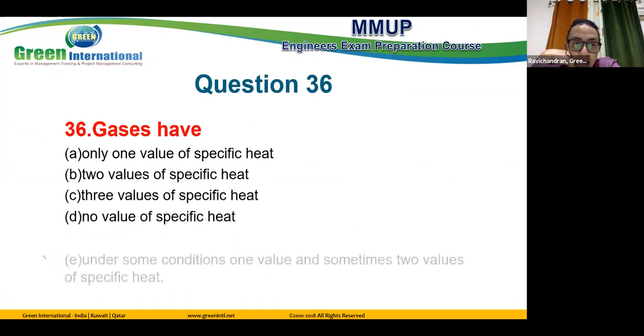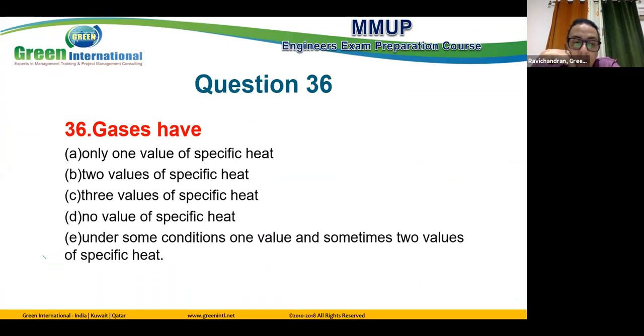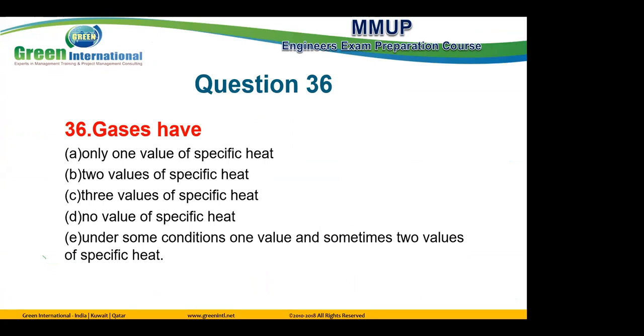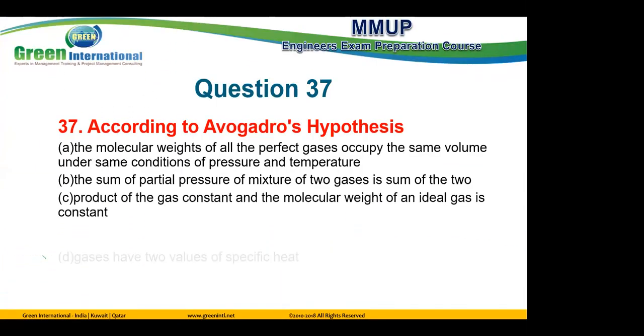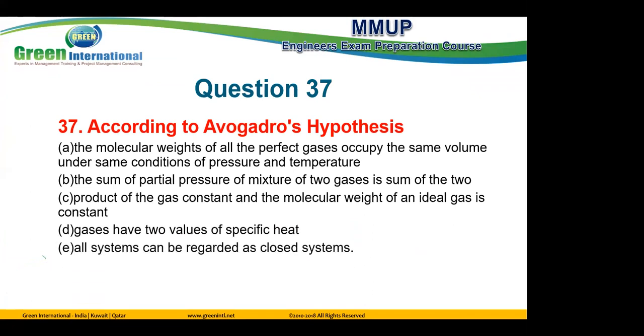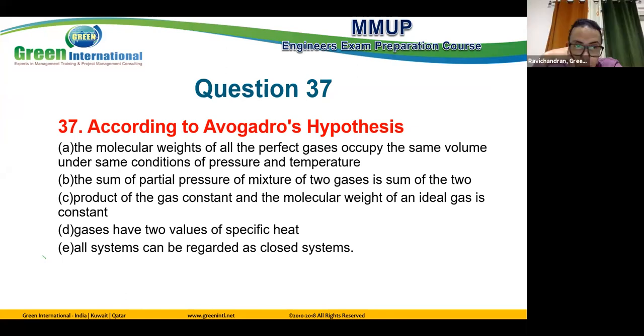Gases have two values, Cp and Cv. According to Avogadro's hypothesis, not B, it's totally far.